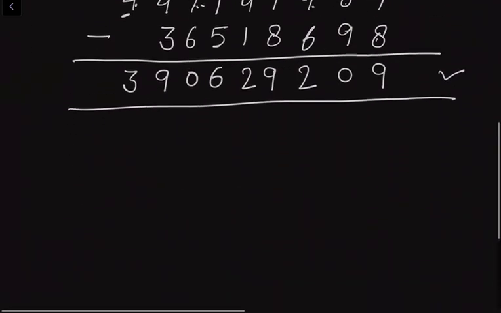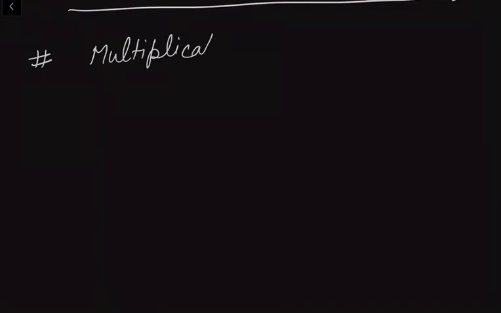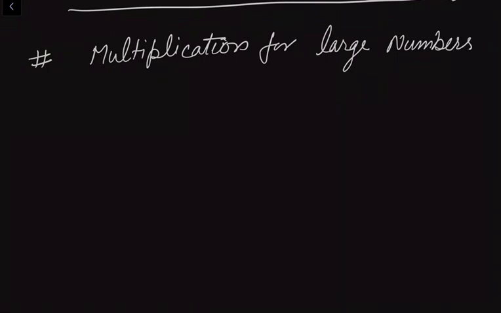And now, very important, multiplication for large numbers. We have some properties of multiplication. Let us have a multiplication: 4 times 5 is 20.